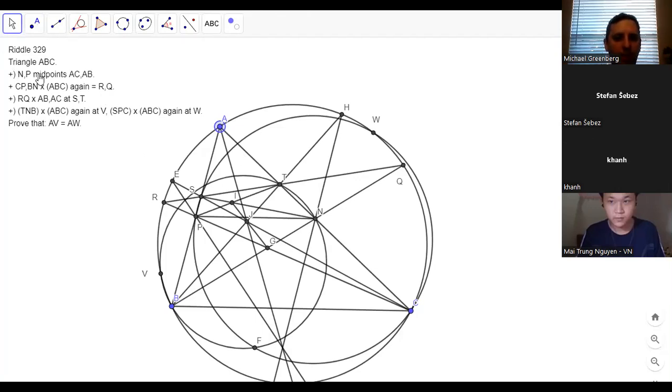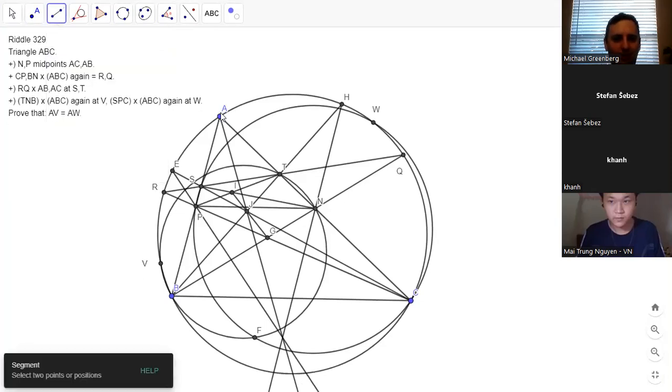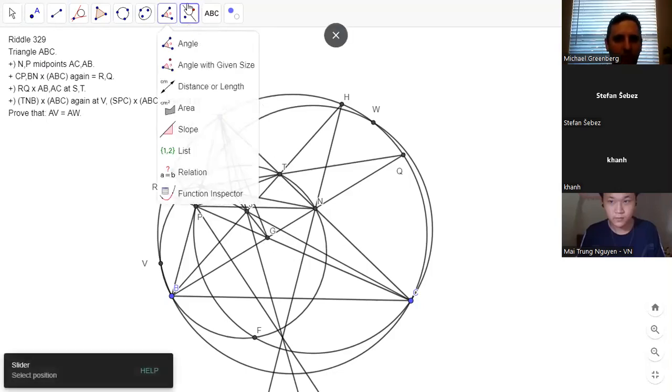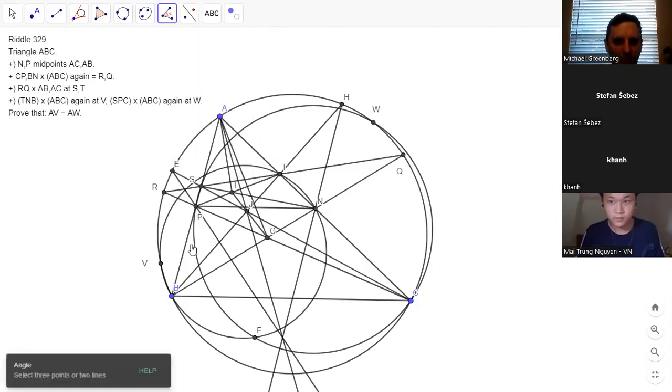I'm almost too lazy to check that. But I'll go check it. So from this diagram it looks at least very close to it. BAI and GAC.